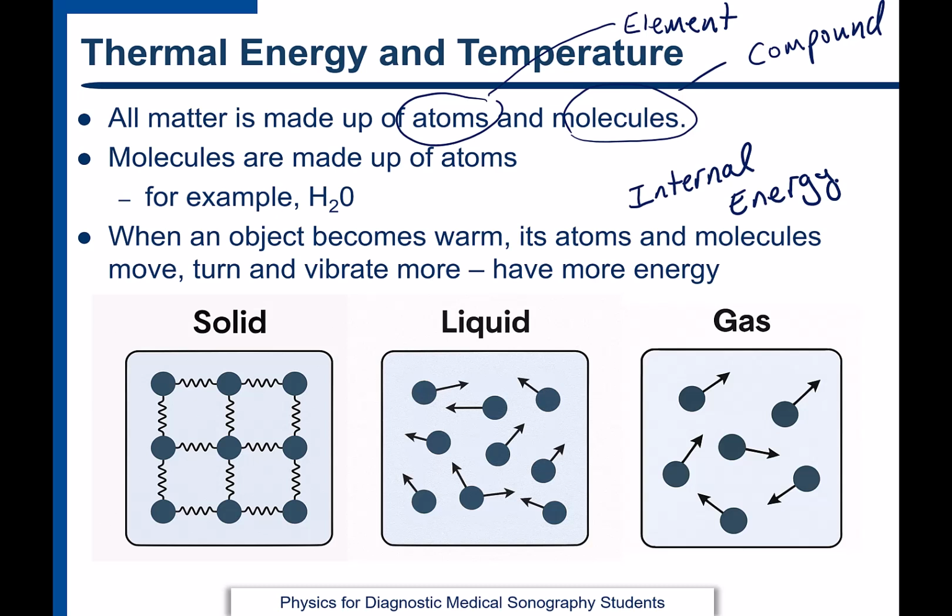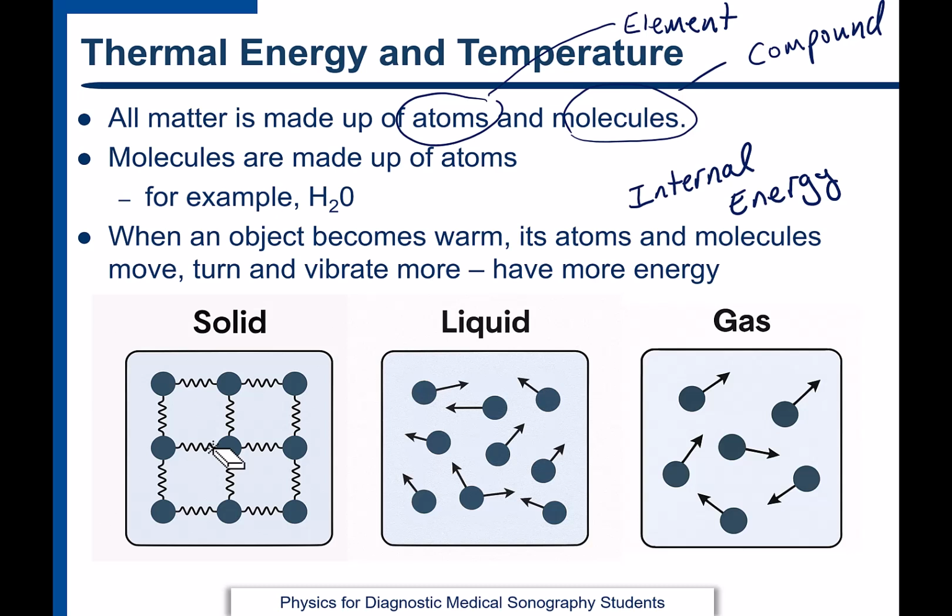Now this is easier to understand with liquids and gases because we know those atoms or molecules can move around freely. But in a solid, we think of the atoms or molecules being kind of locked in place. But in reality, they're not. They can move back and forth relative to each other. And so often we model this by showing our atoms connected by springs. So you can imagine that even though the atoms or molecules are stuck in that structure, they can vibrate back and forth.